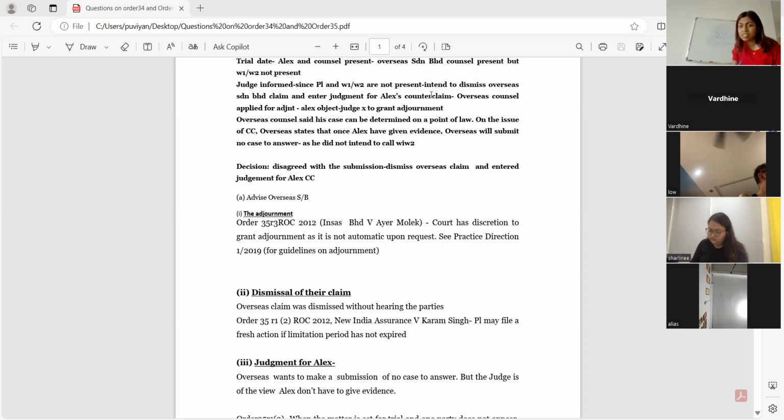Next, you are to advise Overseas Sendirian Berhad. Under Order 35, Rule 2, subsection 1, one party who does not appear may apply to set aside the judgment or order. That is your sub 1. Application to set aside must be done within 14 days, subject to the power to extend time.